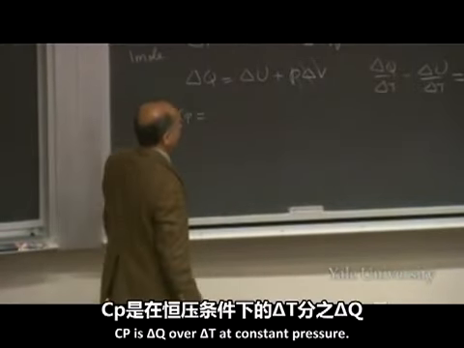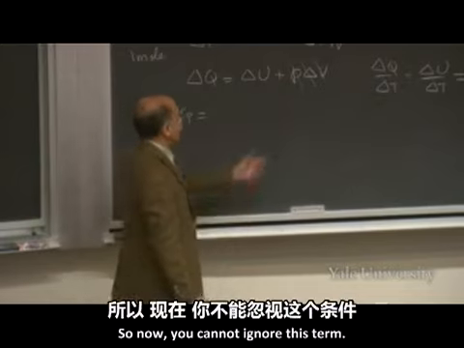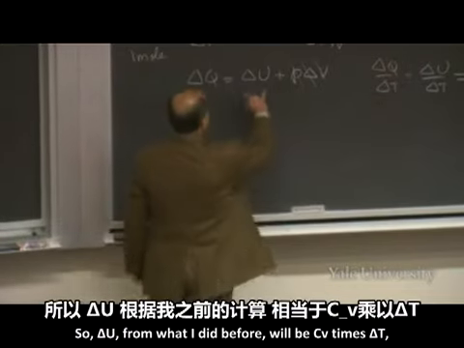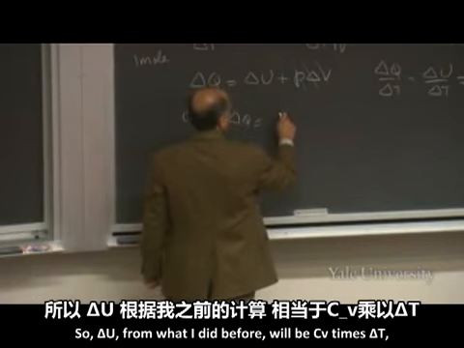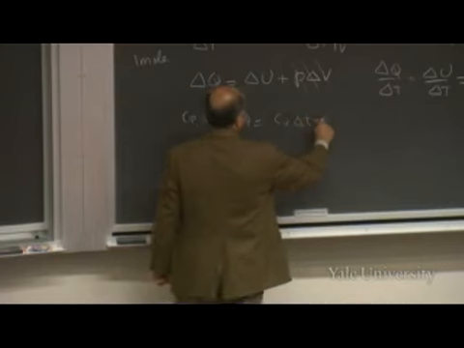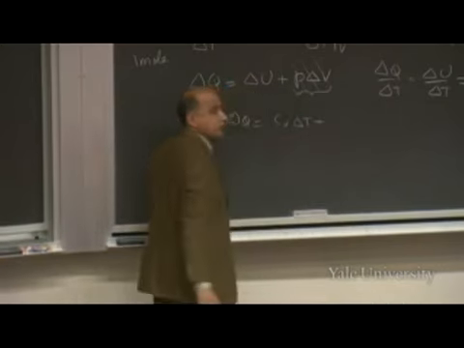Cp is delta Q over delta T at constant pressure. So now you cannot ignore this term. So delta U, from what I did before, will be Cv times delta T, plus there is a new term.